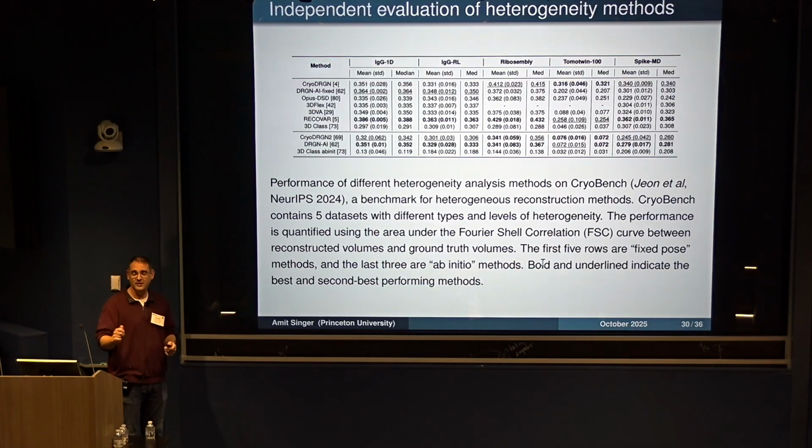These are synthetic data sets, so they know everything about them. Usually in those benchmarks, they show you in bold the method that is doing the best. Here, the numbers correspond to some measure of the resolution, and the highest number is better.